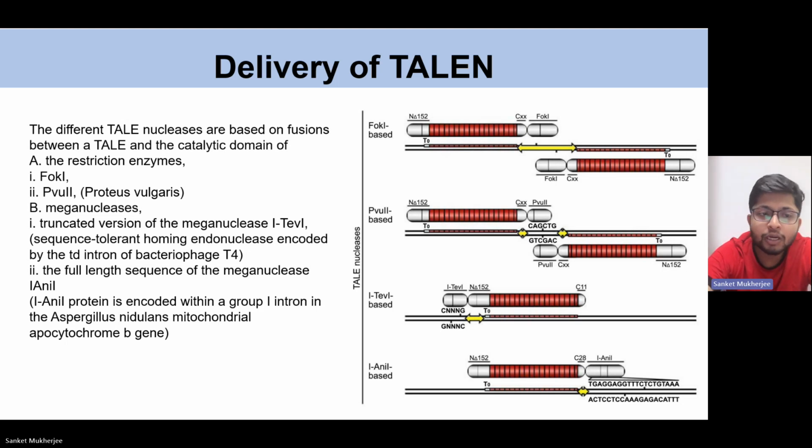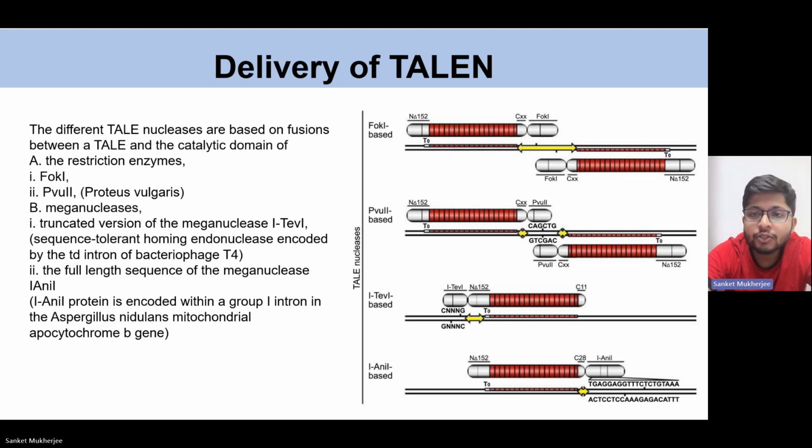It could be FokI or PvuII. PvuII comes from Proteus vulgaris. As we know that FokI cleaves the DNA, it will cause a double-stranded break. Similarly, PvuII will again cause a double-stranded break to happen.